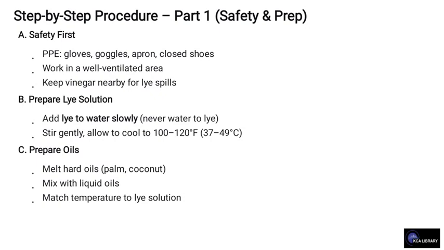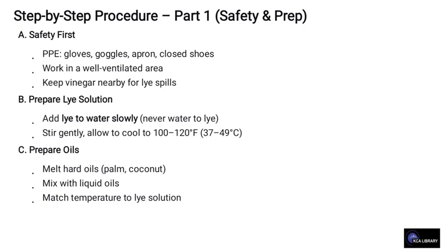Step-by-step procedure. Now let's see how we make the soap using the hot process. The first step and the most important is your safety. Then followed by preparation of lye solution. You add lye to water slowly and you stir gently, allowing it to cool to 100 to 120 degrees Fahrenheit.